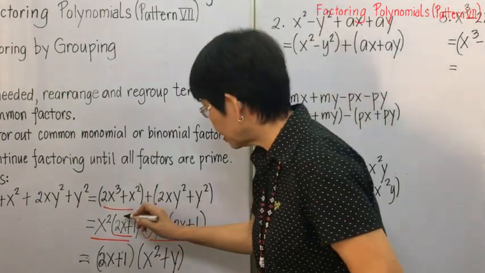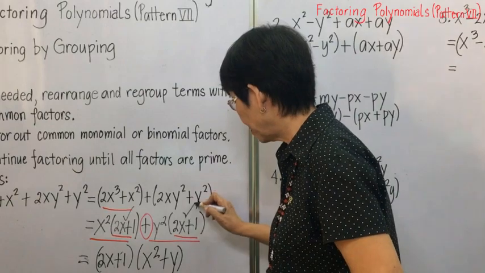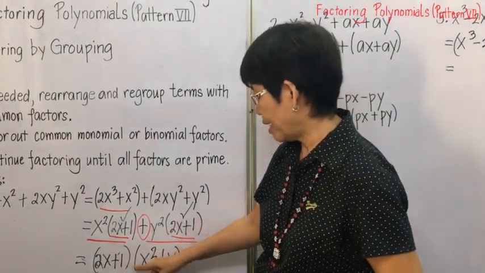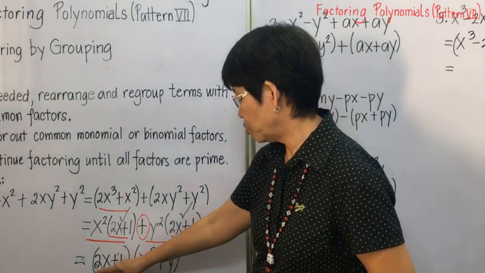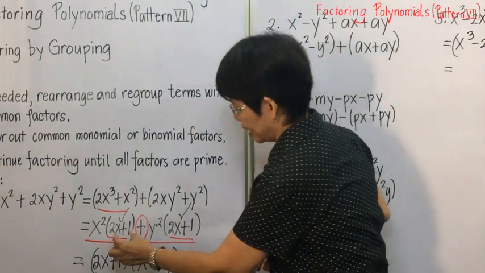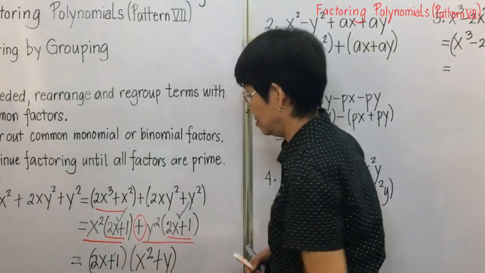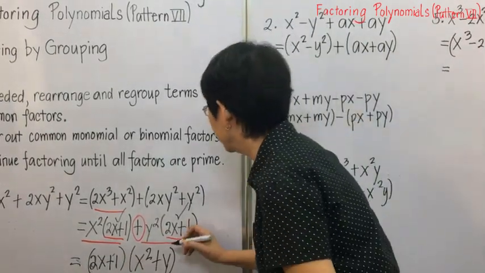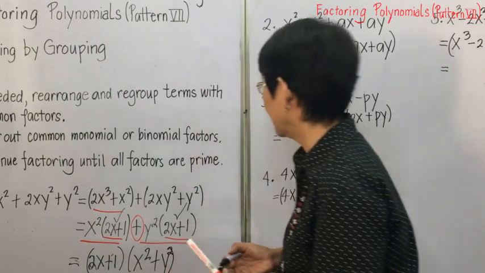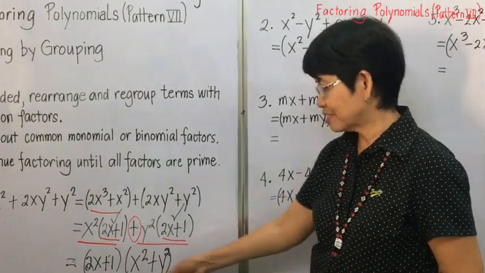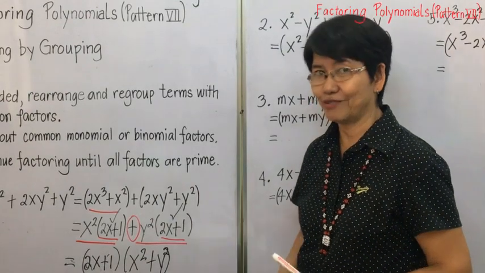If you take out this common binomial, then we will have 2x plus 1 and this will be left, x squared plus y squared. Okay, and those are your factors. X squared plus y squared is not factorable anymore.